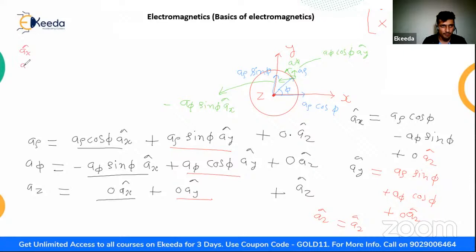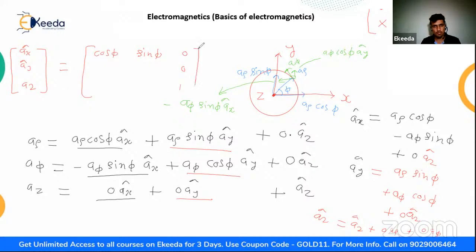You can simply say that ax, ay and az will be equal to a 3 by 3 matrix multiplied by a rho, a phi and az. The first row is cos phi, minus sin phi, 0, and for the last row there are 0, 0, 1.